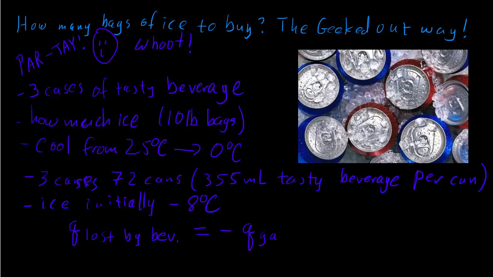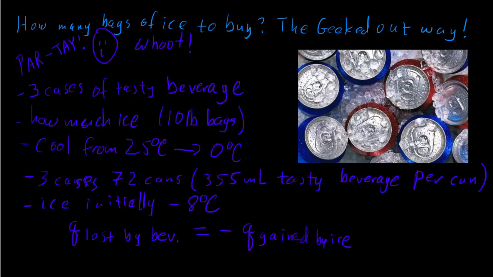Whatever is losing the heat, the system, then the surroundings have to be gaining exactly that amount of heat because we can't create or destroy energy. That's the first law of thermodynamics. So heat lost by the beverages has to be equal but opposite in sign, so Q equals negative the heat Q gained by the ice.